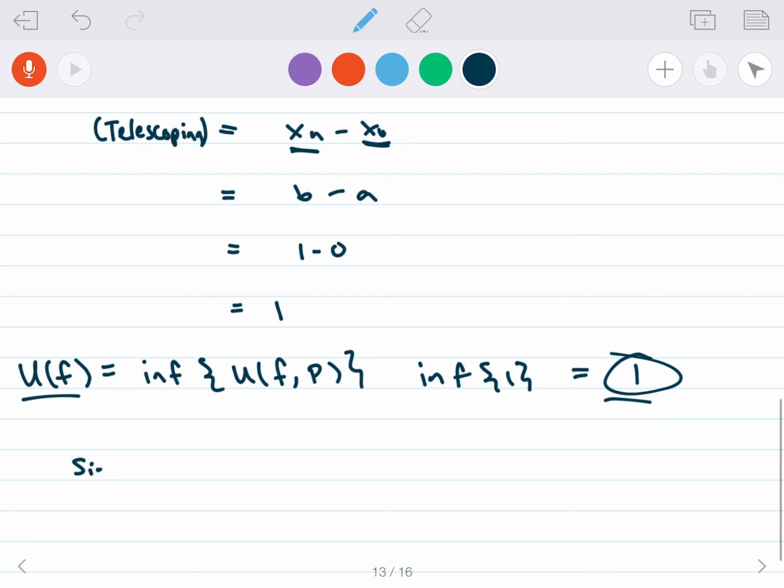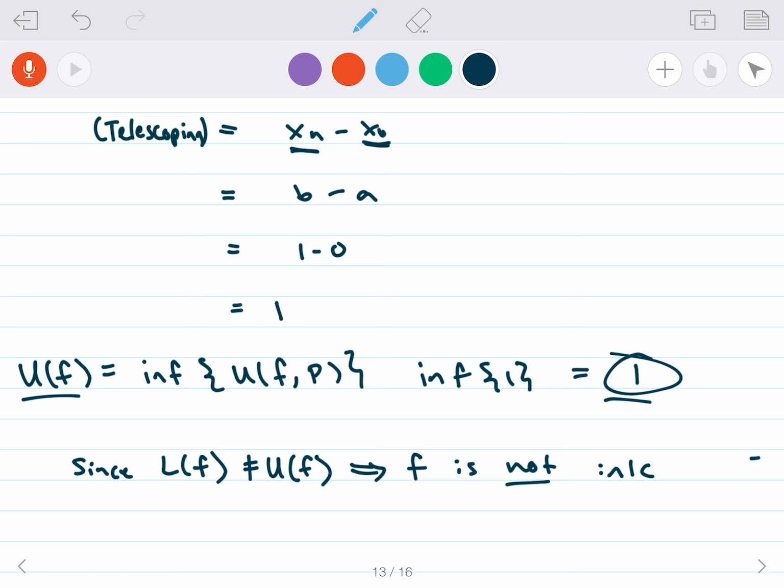So since the lower integral does not equal the upper integral, this means that f is not integrable. I can't spell. Okay. All right.